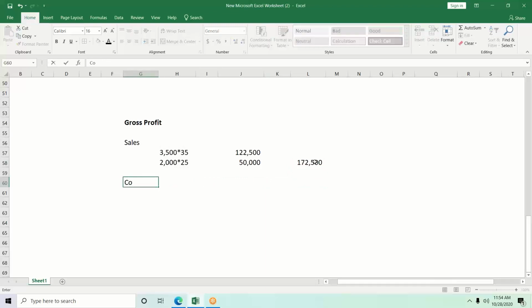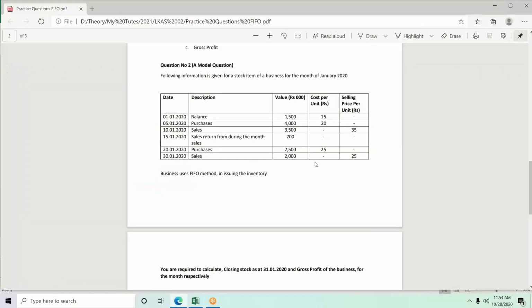But keep in mind, Putha, even though you have sold this much, there's a sales return. How much is the sales return? 700 units has been returned. By the time there was a return of 700, the only sales you made is this, that is 3,500 units.